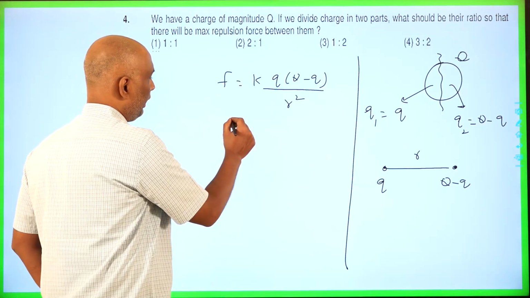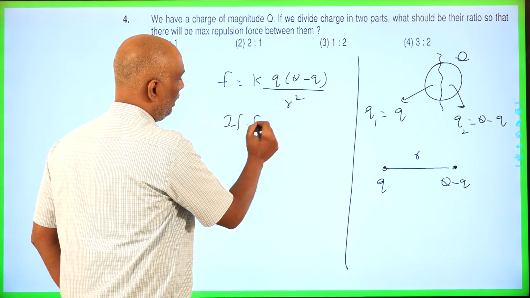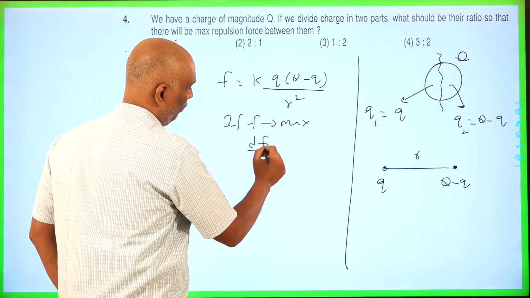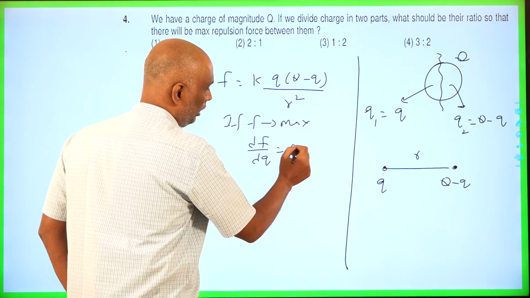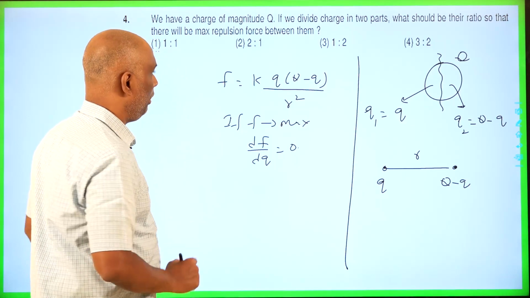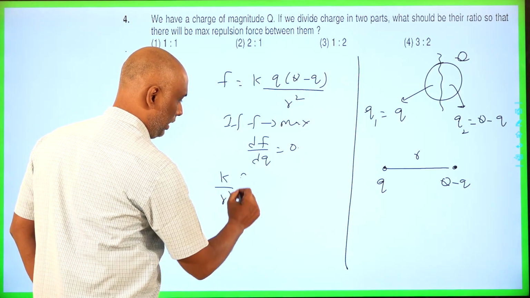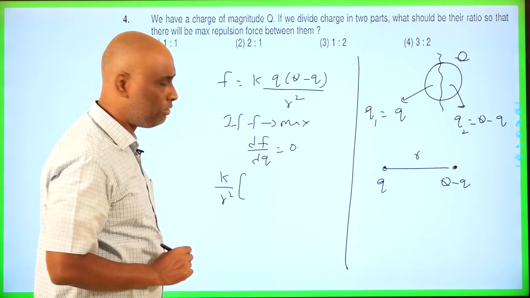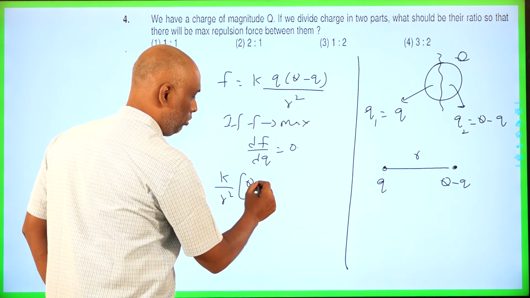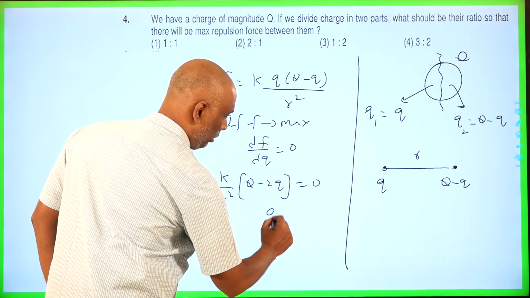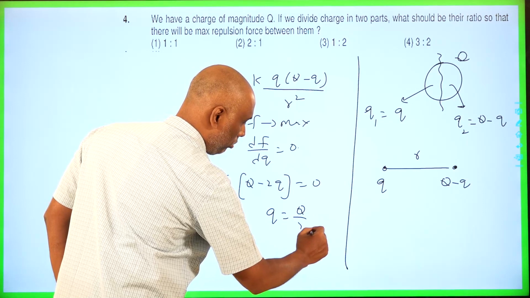That means, in case F is maximum, dF divided by dq equals 0. So from this equation, K divided by r square into, when we differentiate, we get Q minus 2q equal to 0, so q becomes equal to Q divided by 2.